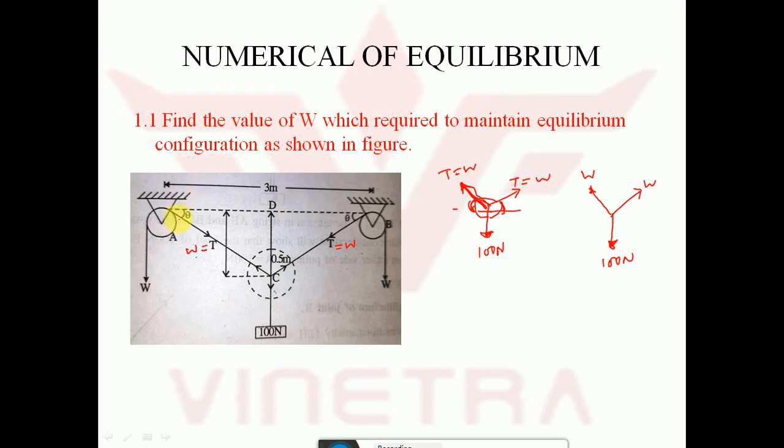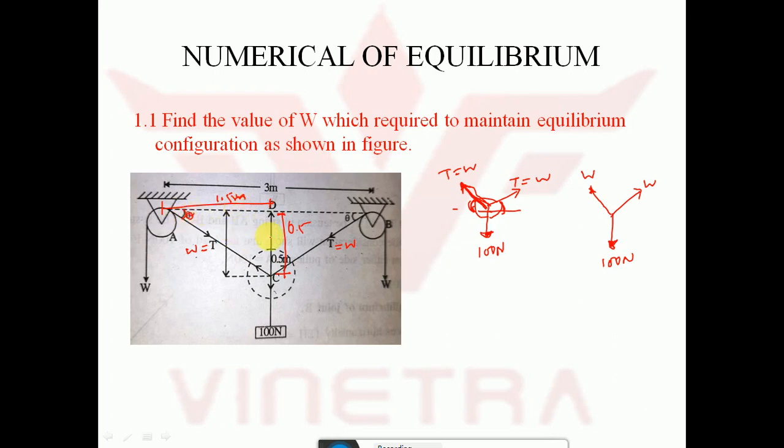From the distance, from here to here it will be 1.5 meters. Exactly, symmetry is there, so this will be 1.5 meters, and from here to here the length is 0.5 meter. So this makes a right angled triangle, and I need to find theta.